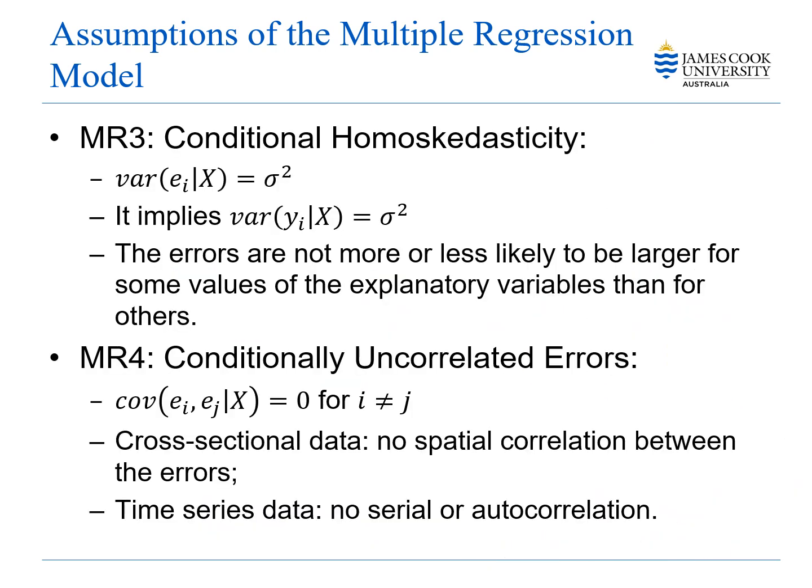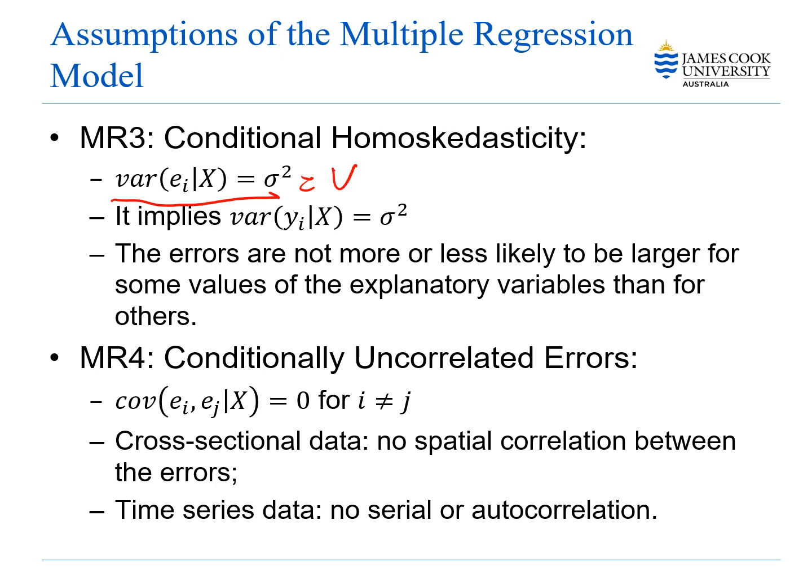Okay, that's MR2. MR3, conditional homoscedasticity. It says that the variance of ei conditional on X is sigma squared. This is the same for all observations, which means that sigma squared does not depend on i.